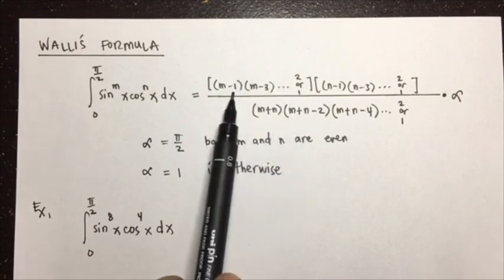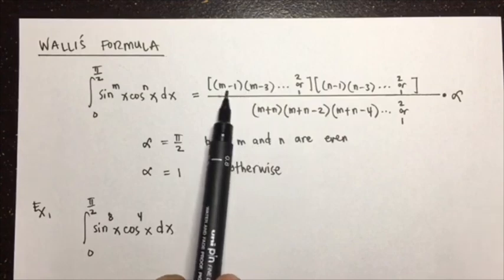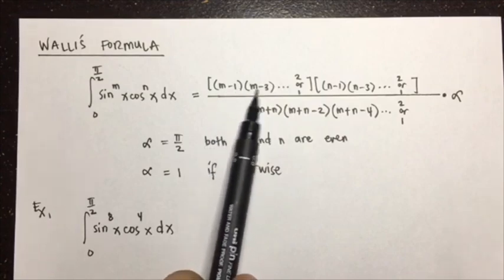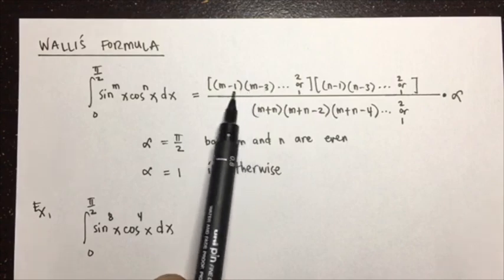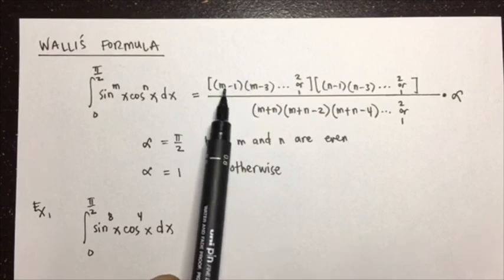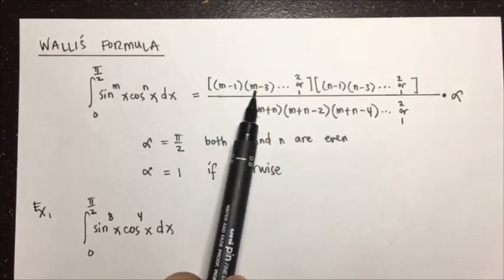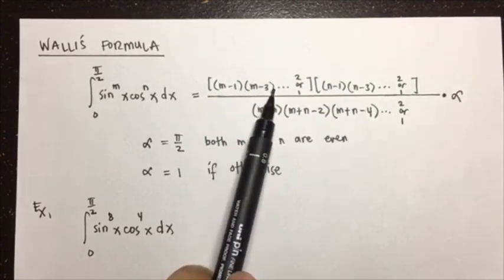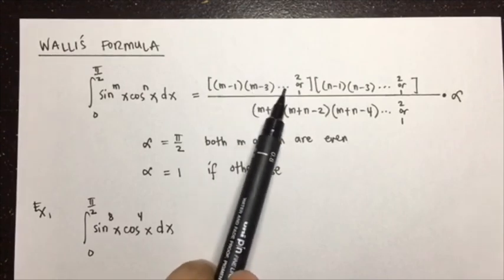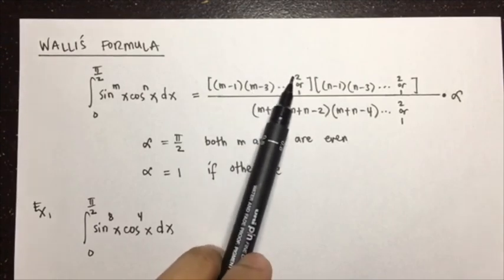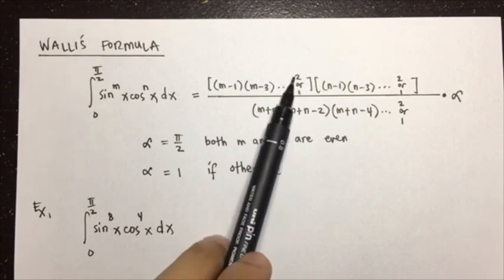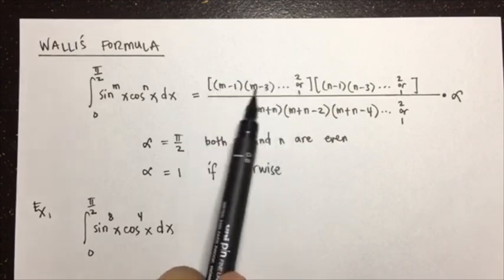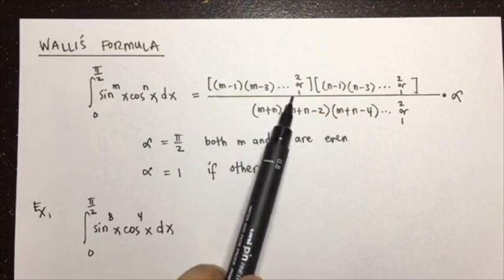It is an arithmetic series with a difference of 2, a decrement of 2: m minus 1, m minus 3, m minus 5, m minus 7, m minus 9, until it becomes 2 or 1. We stop when the series ends in 2 or 1.